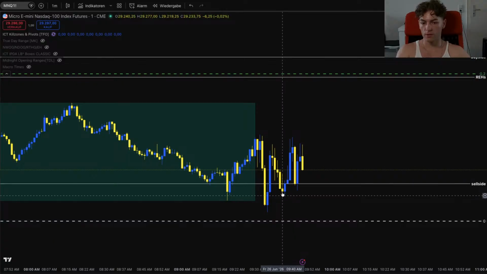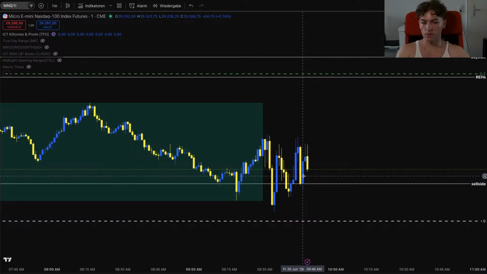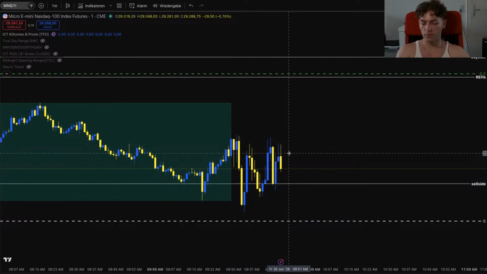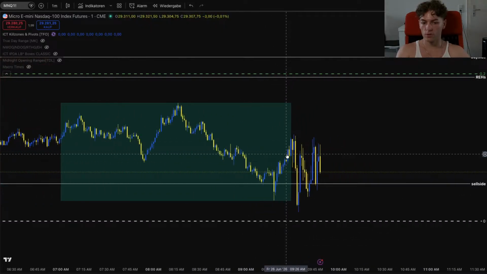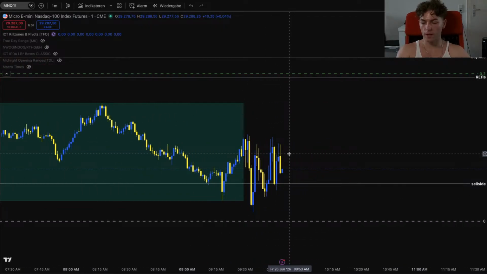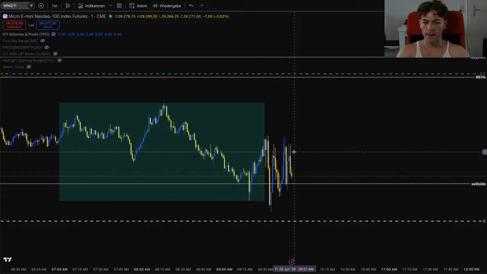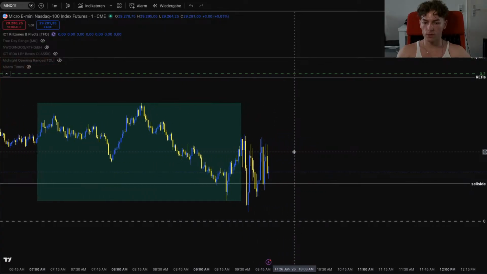It just looks like it wants to chop out everybody first to build sentiment and seek those who try to take a trade early on in the session. So, yeah.